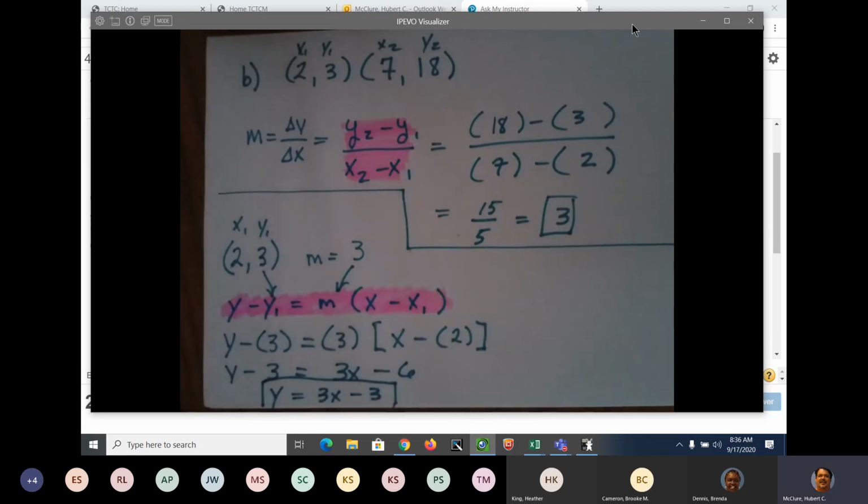Now, given the 2 points that they gave us, we are saying that this is the line between the 2 points that they gave us. And that's the answer to the second part.